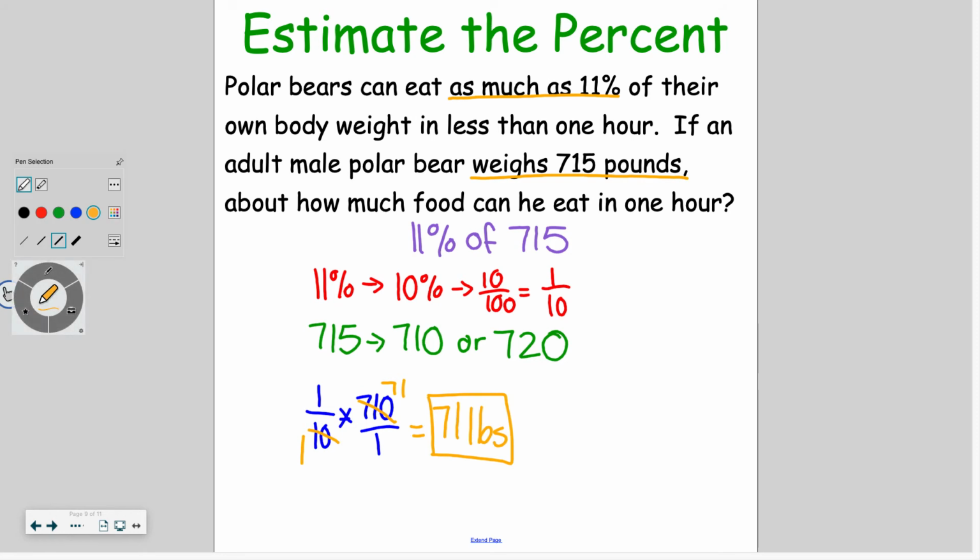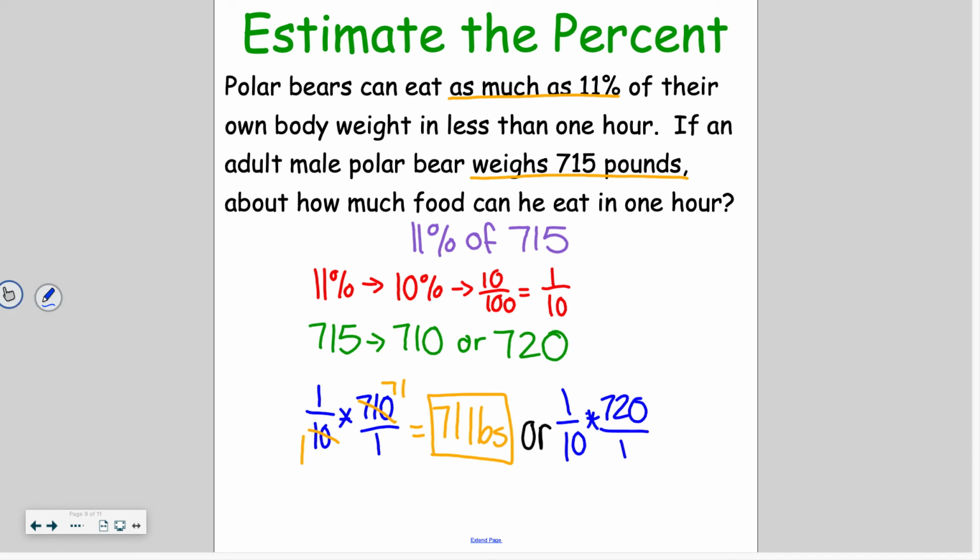Or if we used our second estimating value, I can say 1/10 of 720. Cross reducing here is going to give me a 1 and a 72, which would mean that I have 72 pounds of food. So he can eat about 71 or 72 pounds of food, depending on how you estimate.